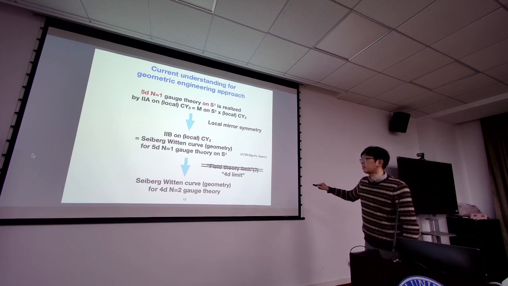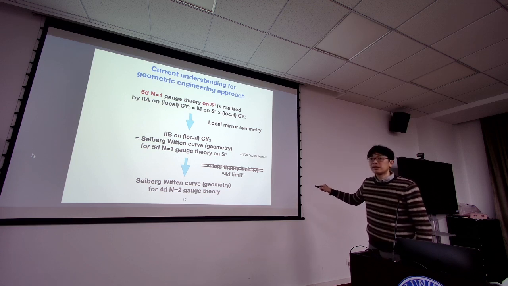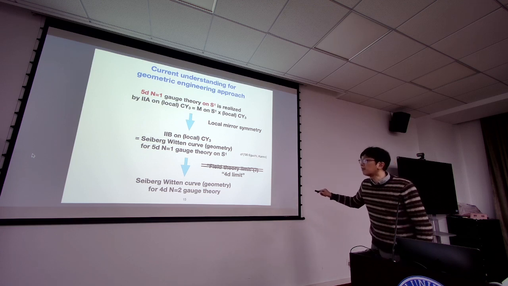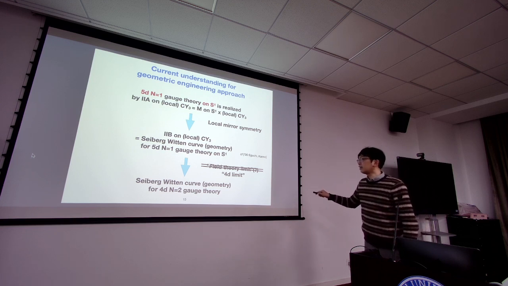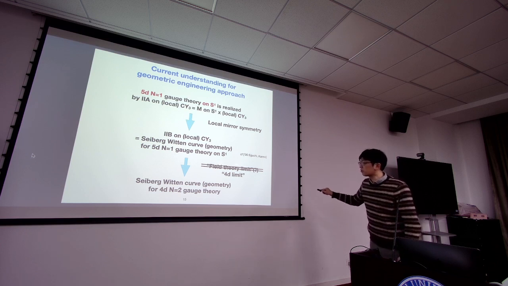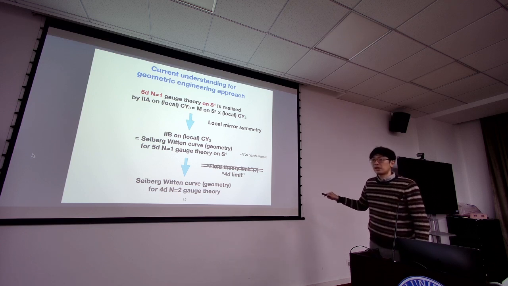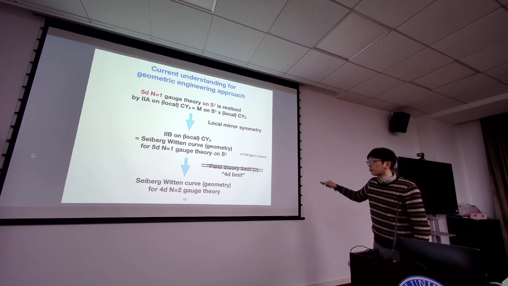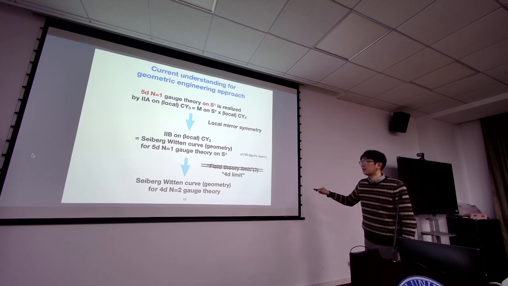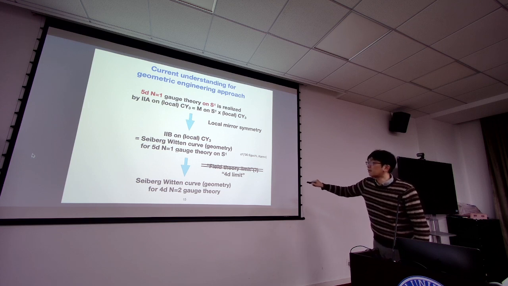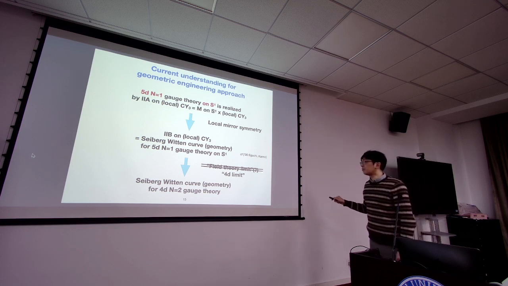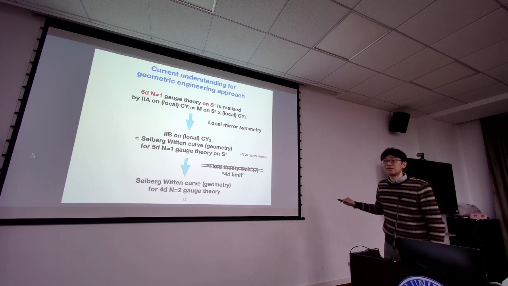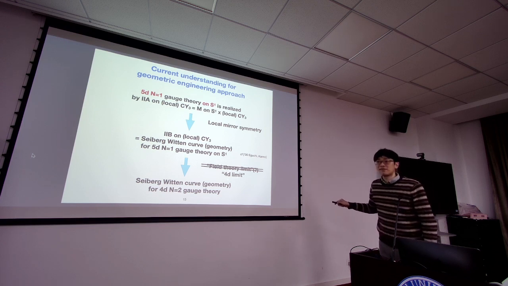So before taking the field theory limit, this geometry was already the Seiberg-Witten curve for 5D N=1 gauge theory itself. And the computation of taking the field theory limit, from this point of view, turned out to be a 4D limit. Taking the 4D limit of this 5D N=1 Seiberg-Witten curve, we obtain the 4D N=2 gauge theory Seiberg-Witten curve. That's why I do not want to use the name field theory limit anymore. I would like to call this the 4D limit.